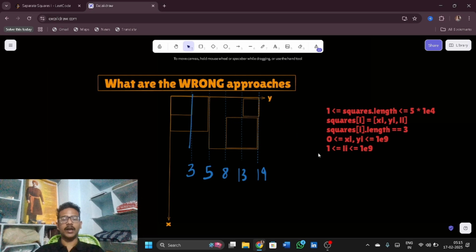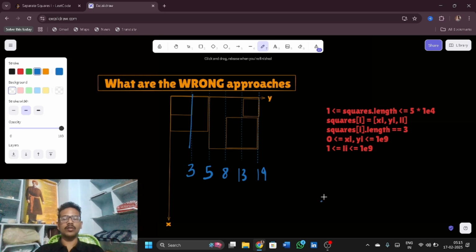So I think you got how I am storing these areas, but this will cause a memory limit exceeded. Why?